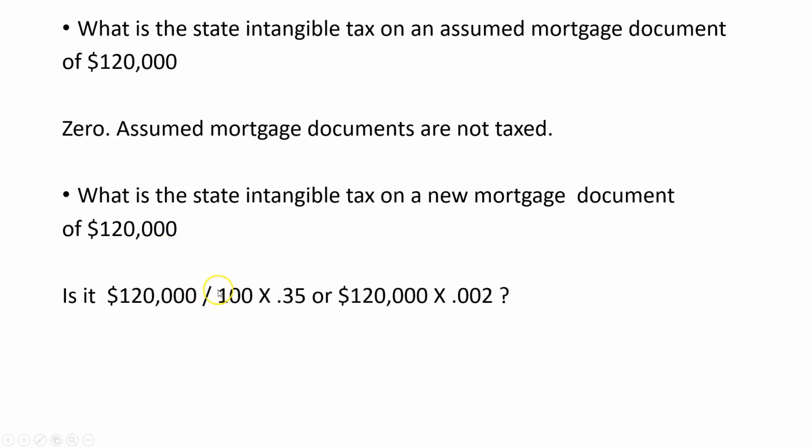So which is it? Do you divide by 100 and multiply by 0.35, or is it a straight 0.002? It's on the mortgage document, not on the note. Therefore, it is the intangible tax of 0.002, which is $240. This is something you have to go through many times so you don't get them confused.